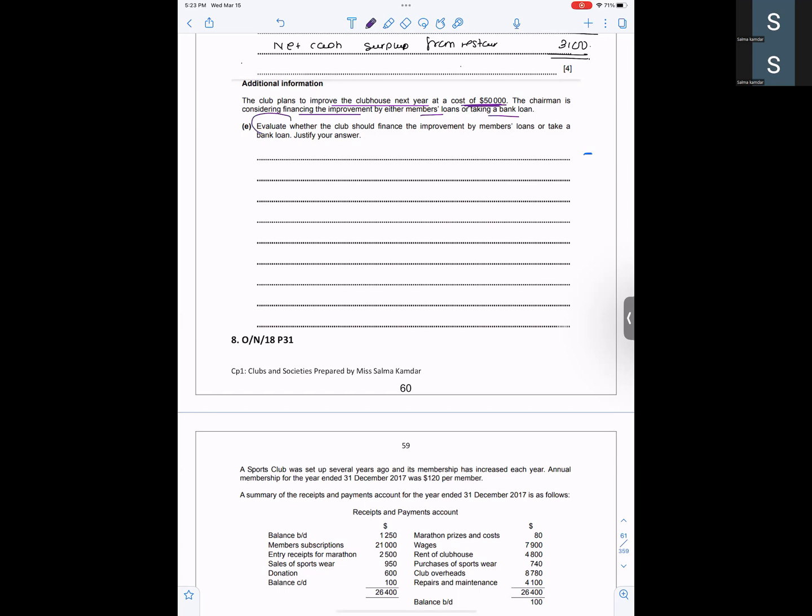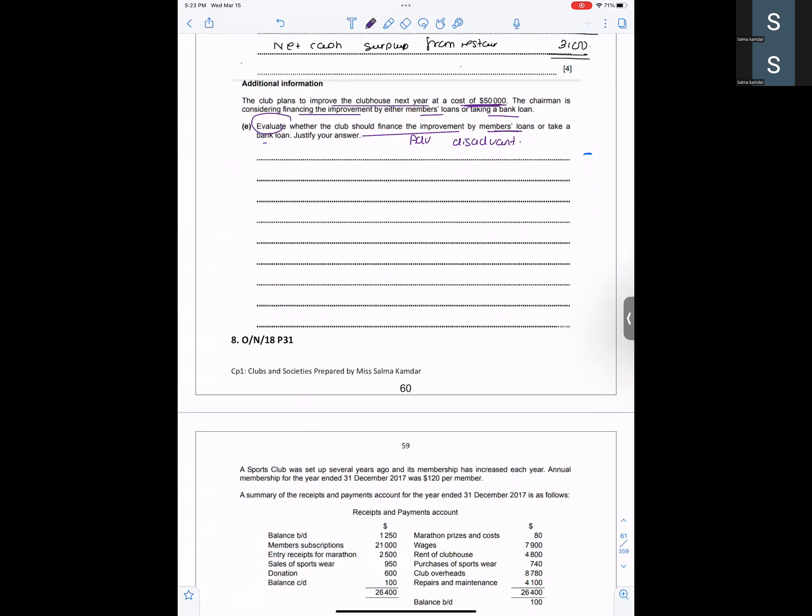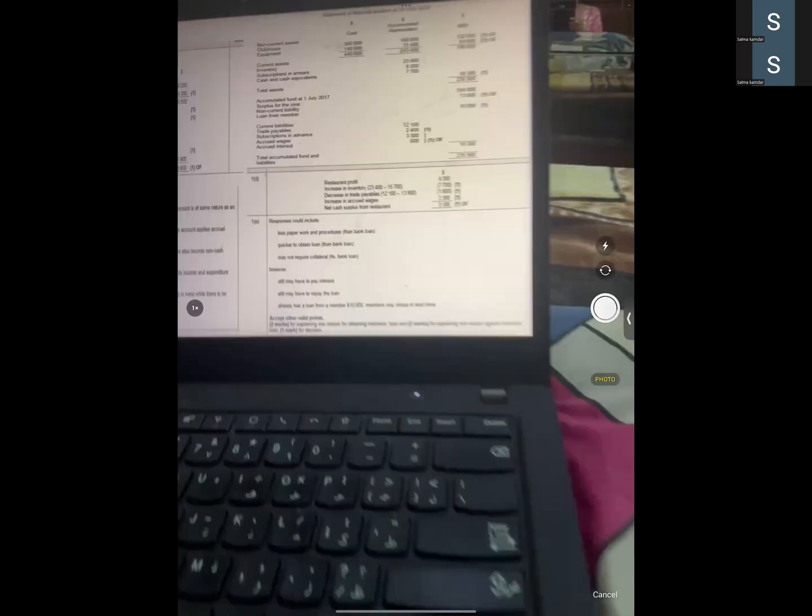You need to evaluate whether the club should finance the improvement by members' loan or bank loan. So you need to give advantages and disadvantages of members' loan and bank loan. Let's see what your responses could include. What will happen if you take a bank loan, and what will happen if you take a member's loan?